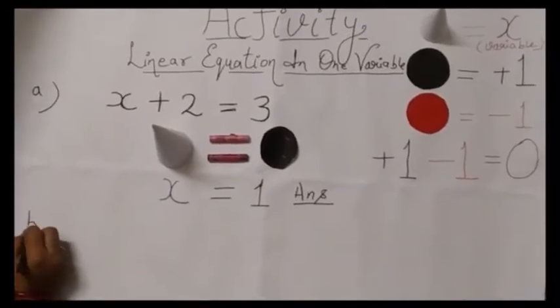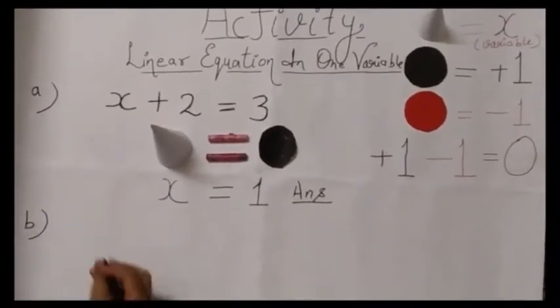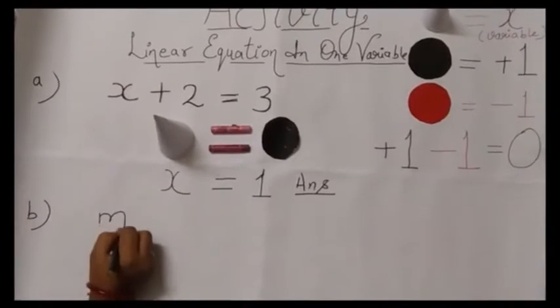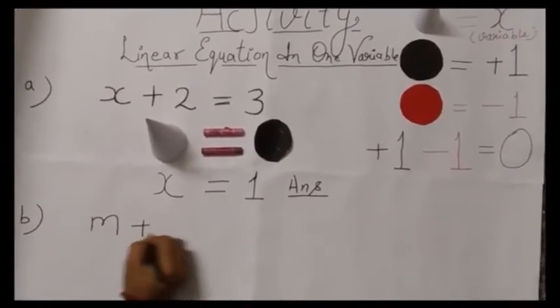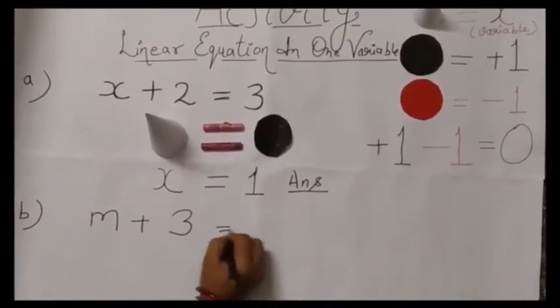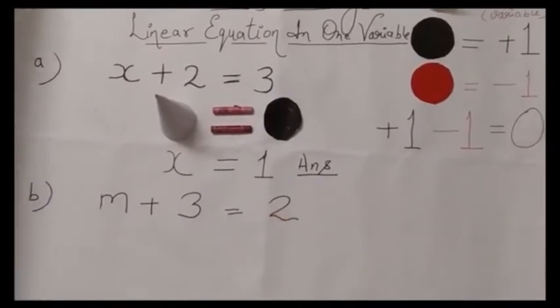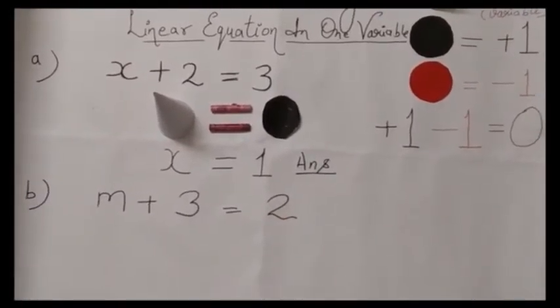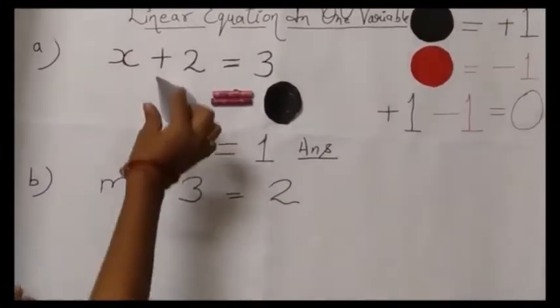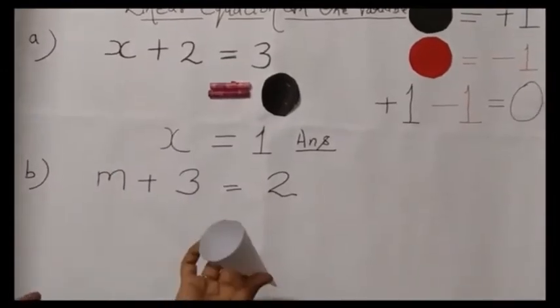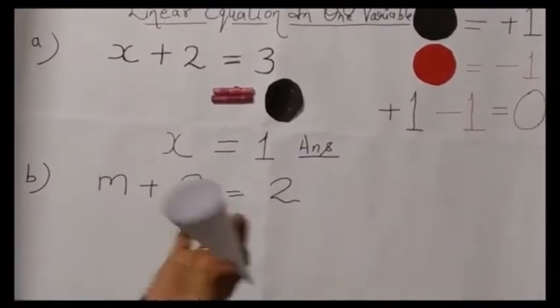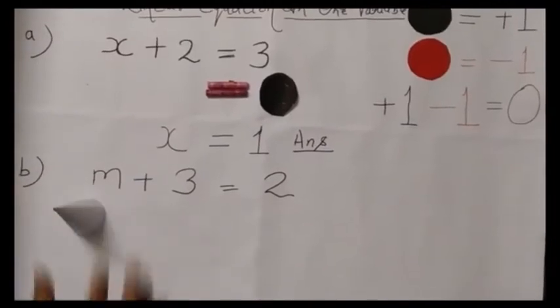Now for the second example, b, suppose I have taken m plus 3 equal to 2. This is your second equation, and we have to solve it. Again the same method. This is your variable, which you can represent here as m.